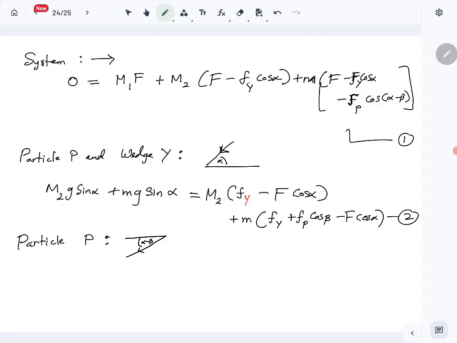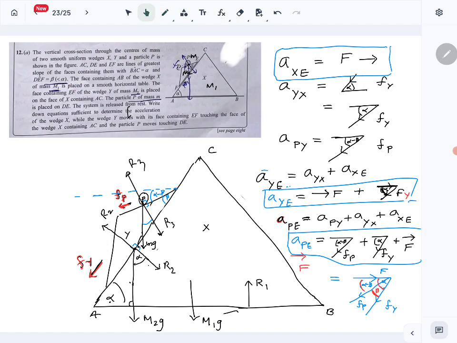Then what are the forces? The only forces acting on particle P are R3. R3 is perpendicular to that surface, so we don't need to consider that. The only thing we need to consider is the mg component. So this angle is what? This angle is alpha minus beta.